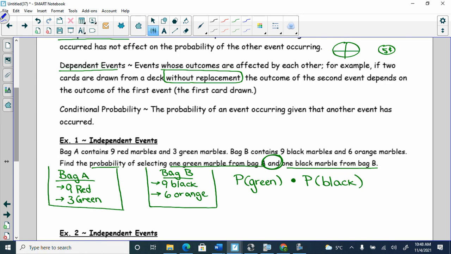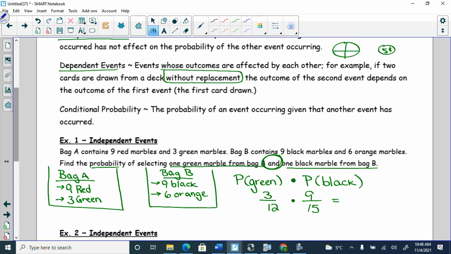There's 3 out of 12. Times what's the probability of a black? How many are there? And how many black are there? 9 out of 15. Plug it into your calculator.